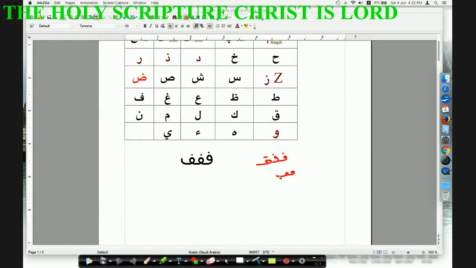So fa, fa, fa. One dot. Now what about if it's a qa? Qa is written the same way almost, but there are two dots. Qa, two dots. At the end, qa, two dots. All right? So I want to say nafaq. Na, fa, qa. Two dots for the qa. One dot for the fa.